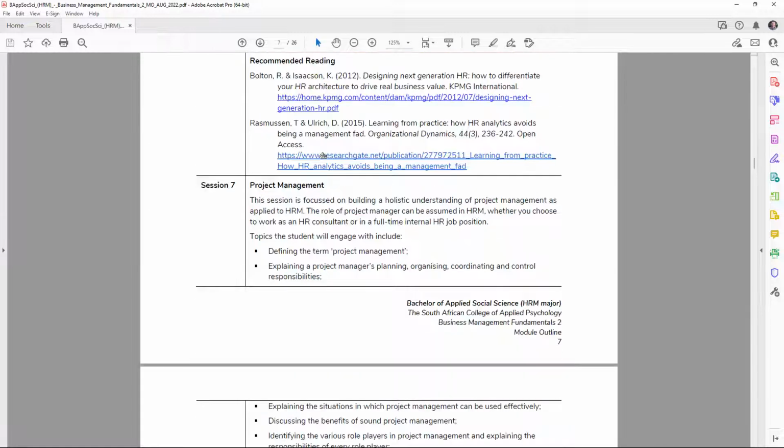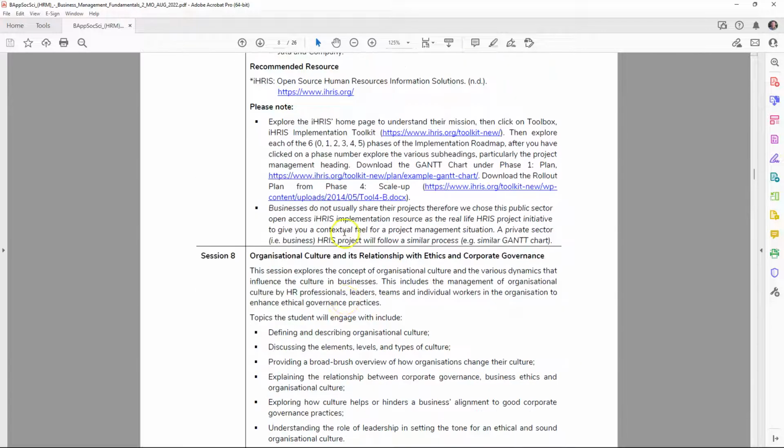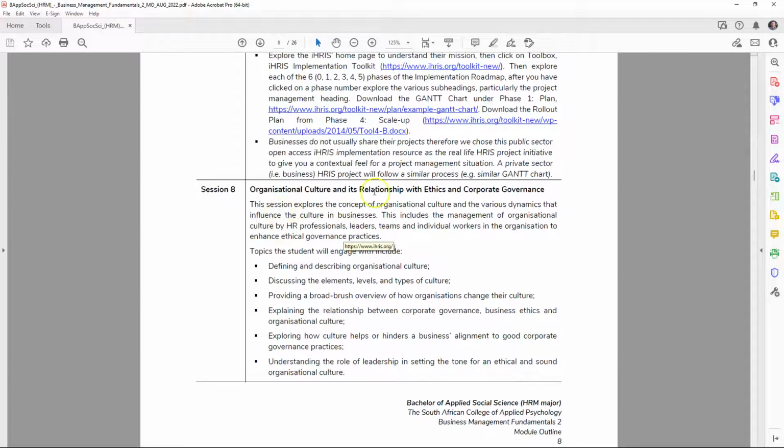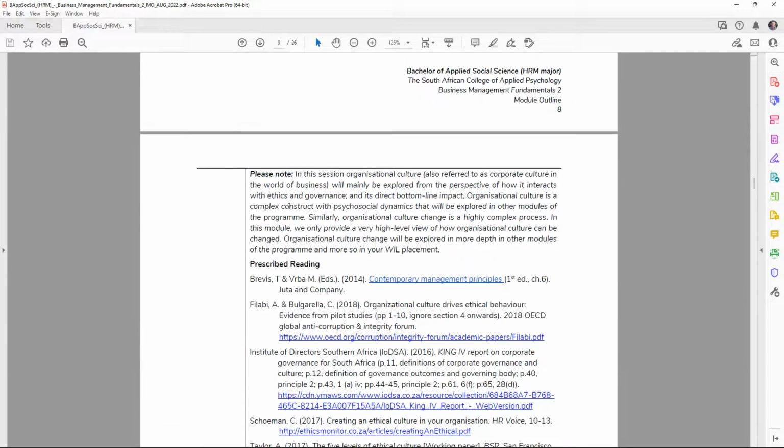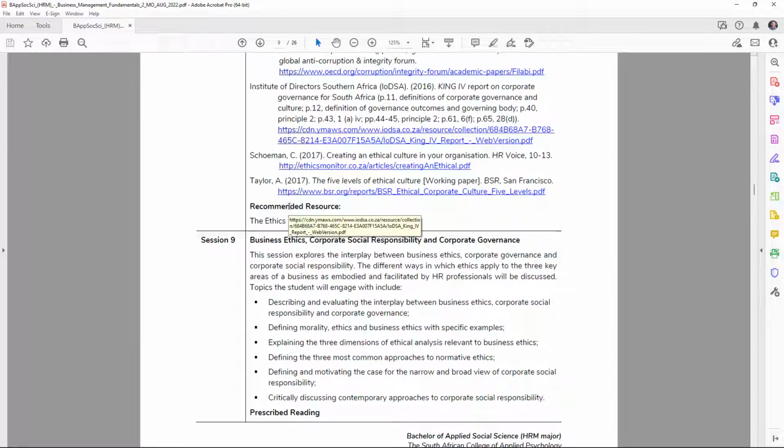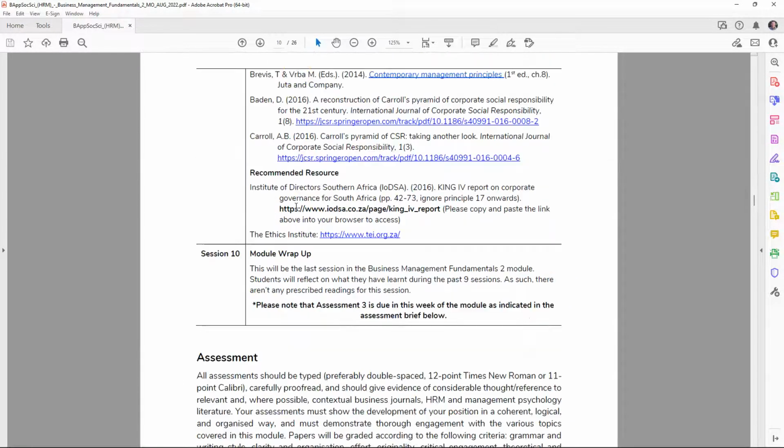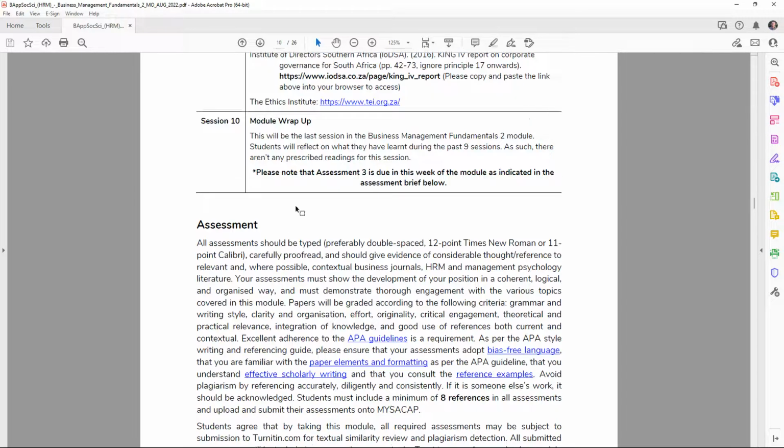The next element that you can then also include shortly would be project management and so on. Then we have the ethics pieces and culture, session 8 and session 9. So you can already start.